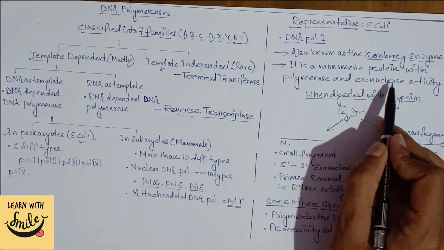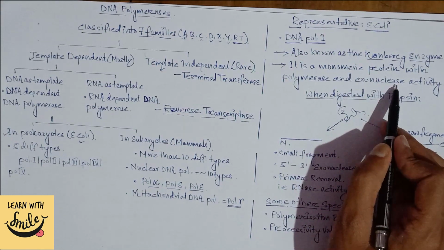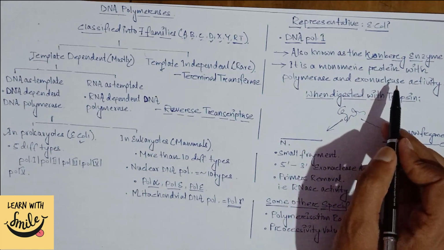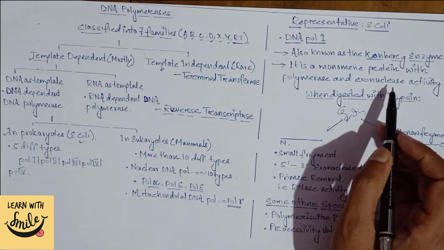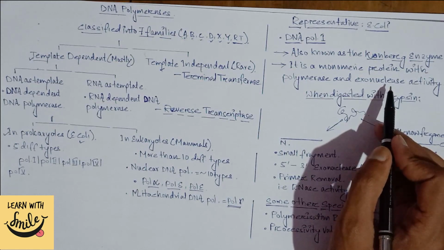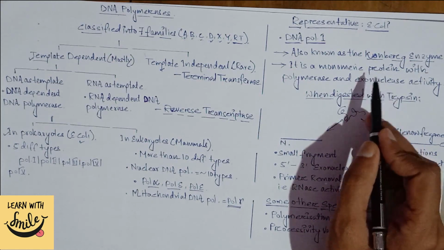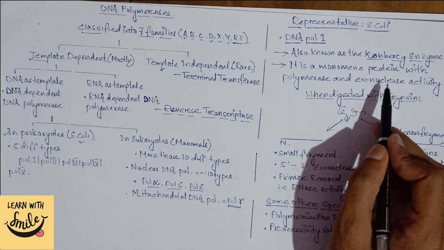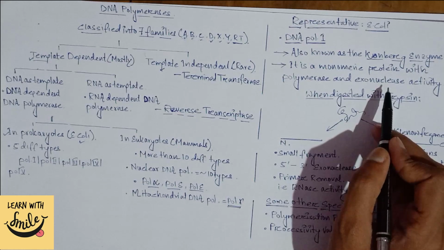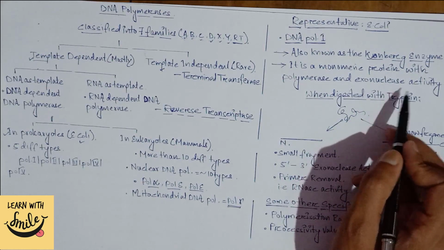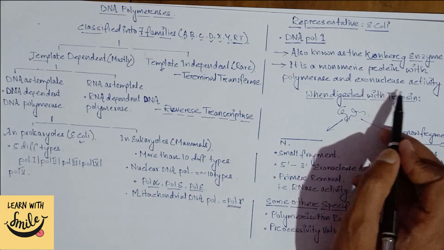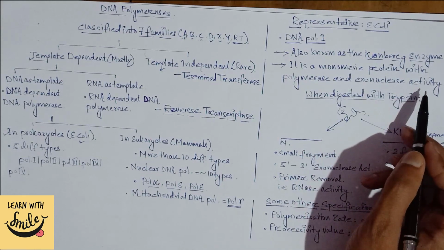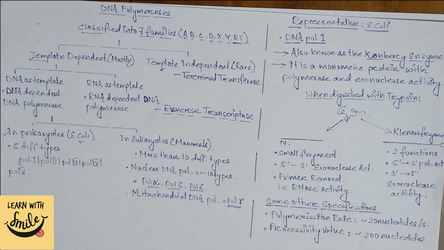Why is this trimming activity required? It is required for two different reasons. One, either the primer which initiated the DNA replication needs to be removed, or there is some sort of error present during the replication process that needs to be corrected immediately. Then also the exonuclease is required. So DNA polymerase 1 acts both as polymerase as well as exonuclease.